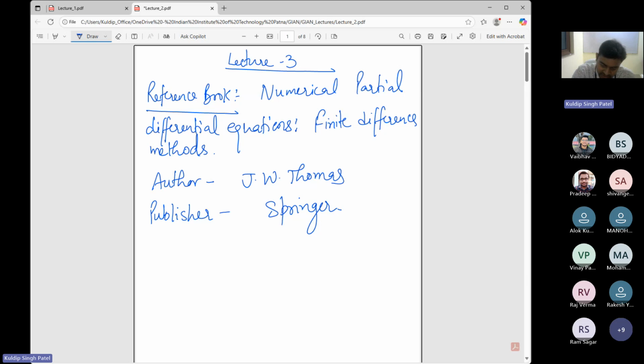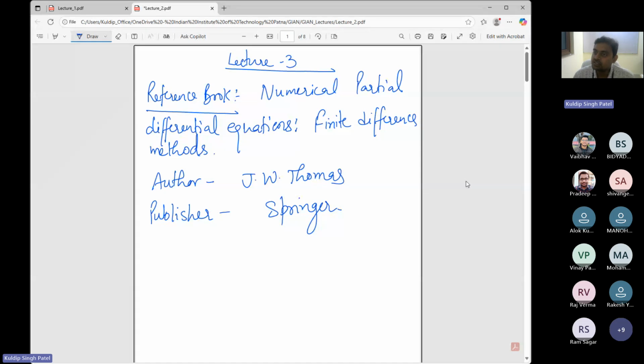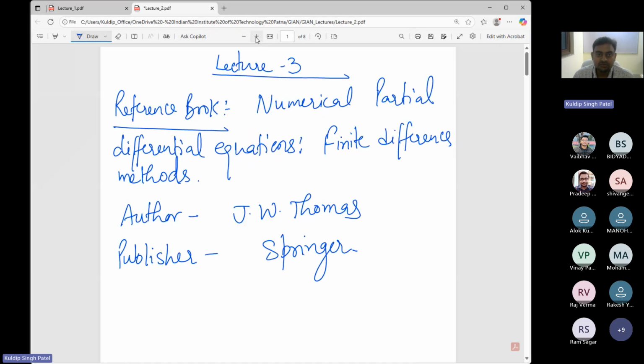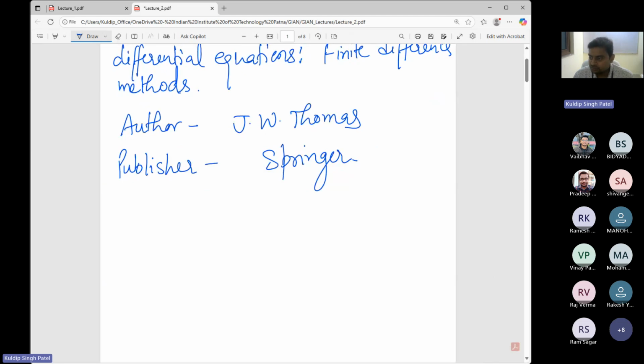Whatever we discuss in this lecture, we will be following this book. Those who are interested can look at this book and understand the concepts in more detail.